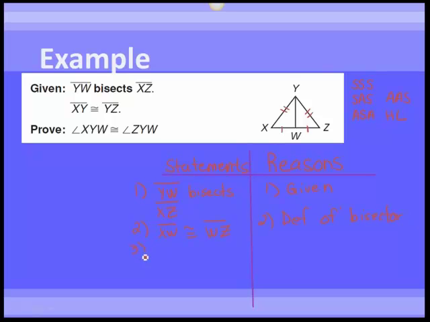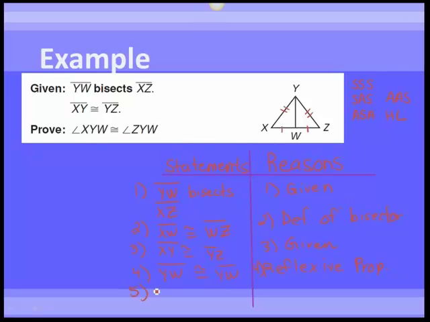Then next, we were given that XY is congruent to YZ. That was given. And we can say that YW is congruent to itself by the reflexive property. And it's reflexive property, not reflection property. I've heard people saying that in class.